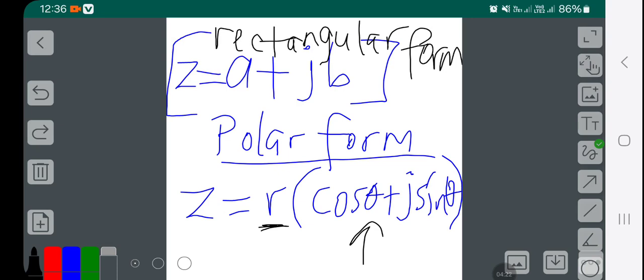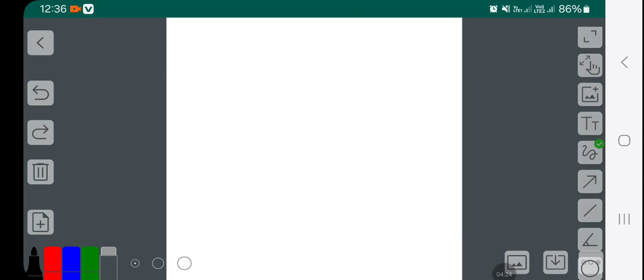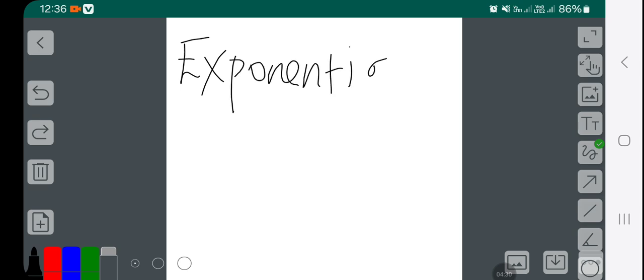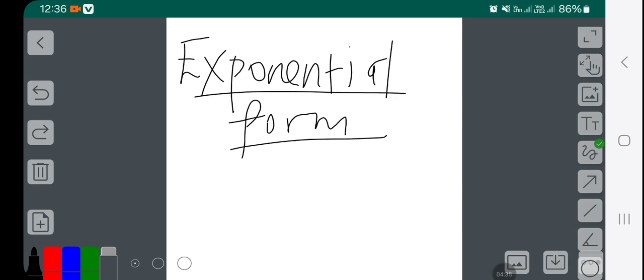Lastly, we go to the exponential form. The exponential form will be written like this: R, then e to the power j theta. As usual, your R represents your modulus, and you know how to calculate the modulus.